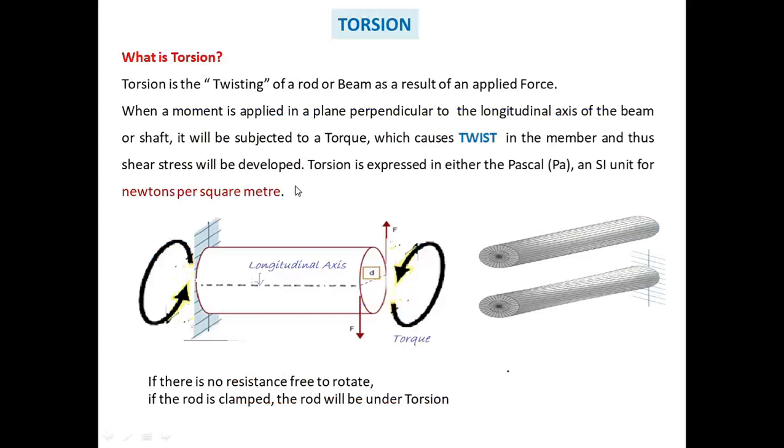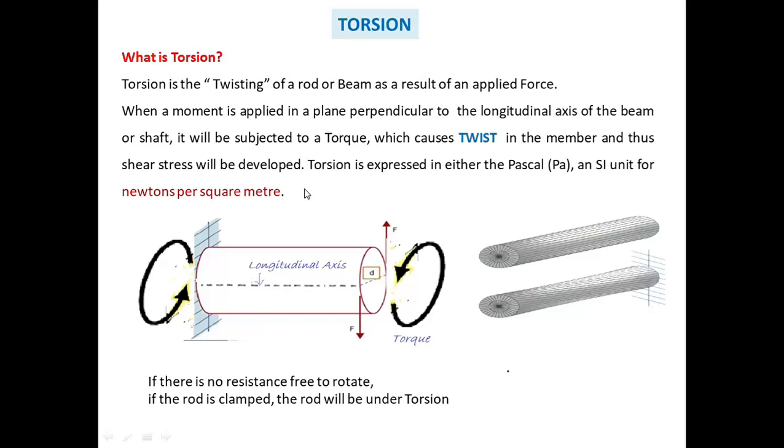What is torsion? When you wash your cloth by hand, before drying, you squeeze the cloth to drain the water from it. During squeezing, what you do is twist the cloth by hand, and one hand rotates clockwise, the other hand rotates anti-clockwise.